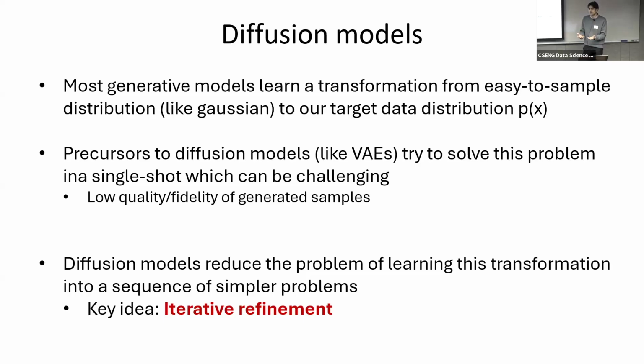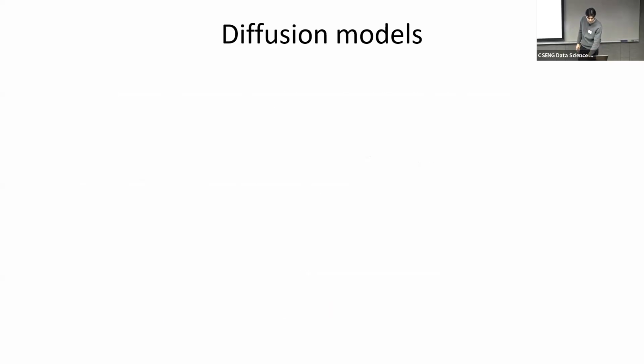And the first thing that we want with generative modeling is high quality samples from our data. Diffusion models work, and they're so powerful, really because they reduce this problem of learning a challenging transformation into a sequence of simpler problems. That is the big idea about diffusion models, which is iterative refinement. If you remember one thing about diffusion models, that's what you should remember today.